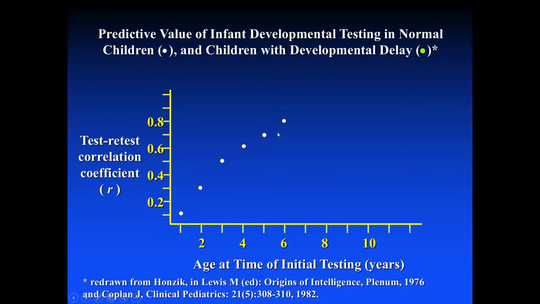And it's not until a child gets to be 6, 7, or 8 years of age that the test, retest, correlation coefficient rises up to anything respectable. But if we look separately at children whose initial developmental quotient is in the delayed range, we can see that the test, retest, correlation coefficient is very high, even from the get-go.